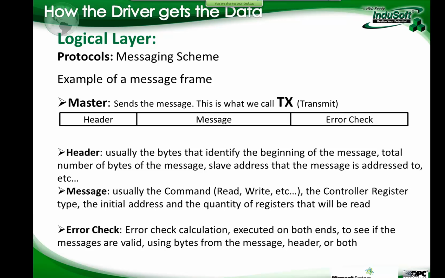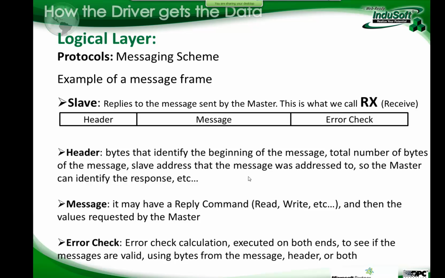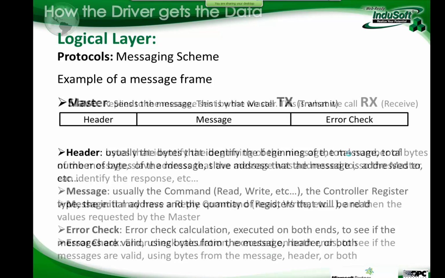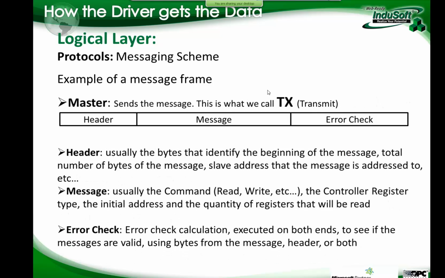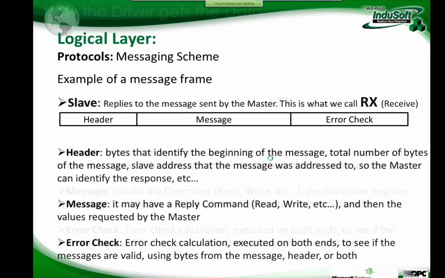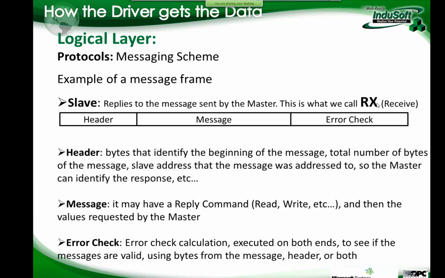So to check the consistency of the message, you use the error check. On the slave side, as it receives the request, it prepares the answer as well, and that's what we call the RX. Here you can check what we call the TX message, which is the message that we send, and the RX message is the message that the HMI receives from the device.